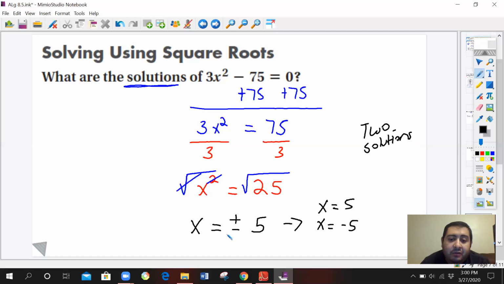But this is one way to do this, by the square root method. Again, if you don't feel comfortable and you have your calculator, then you could use the calculator and it could work things out a little bit simpler for some of you. Let me go ahead and erase this.